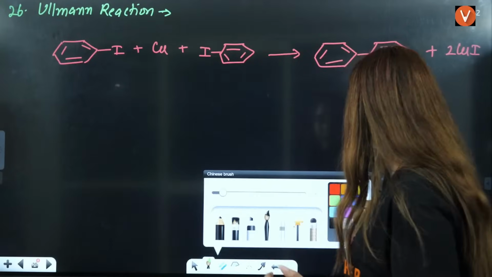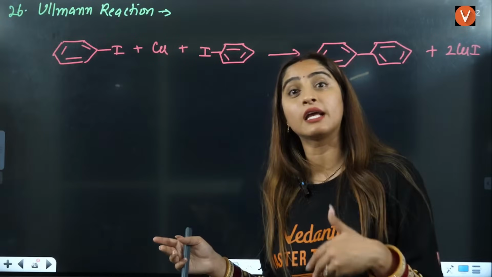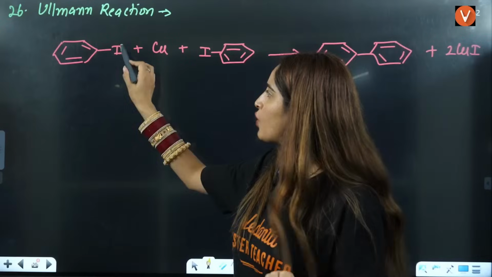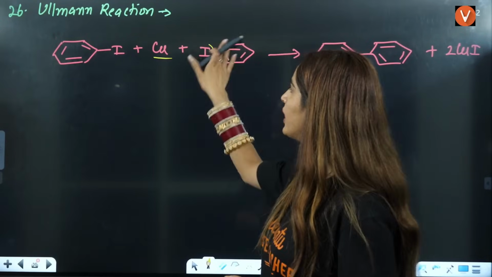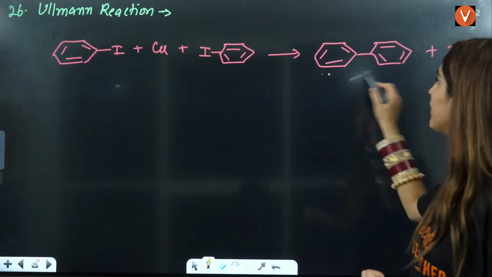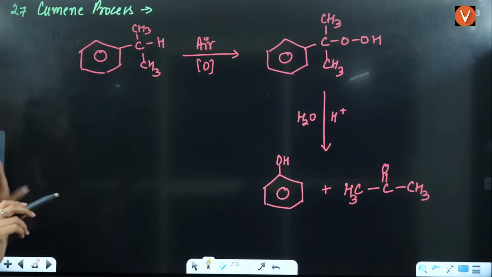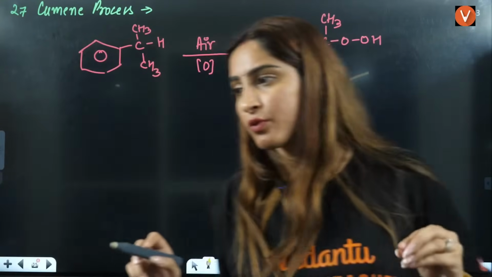Next is Ullmann's reaction. This is also a coupling, basically like Fittig reaction. So here, instead of X, you have specifically iodine. When you add copper into it, you will get the formation of diphenyl, just like we did in Fittig reaction. Next is cumene process, very important process.